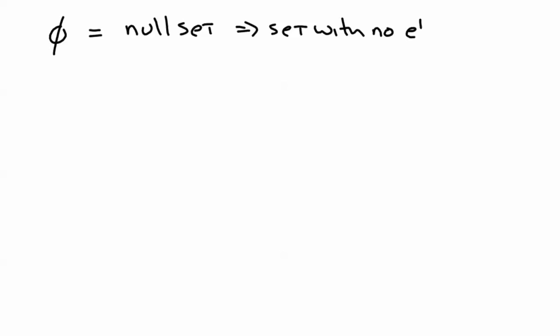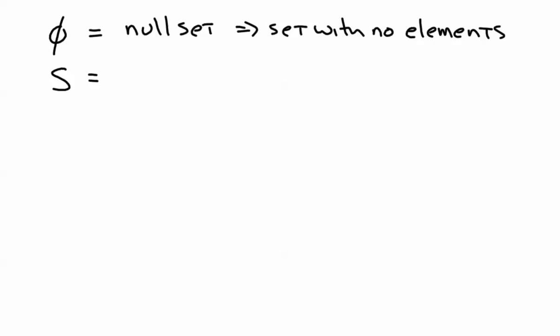A bit of additional notation. We've seen this before in my earlier discussions of events and outcomes and such. In set notation, we use phi to represent the null set. That's the same as we've discussed before. It's the set that contains no elements. And in set notation, capital S, previously we've used capital S to represent the sample space.